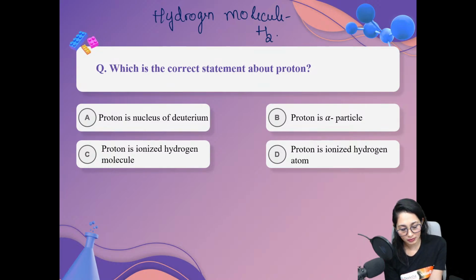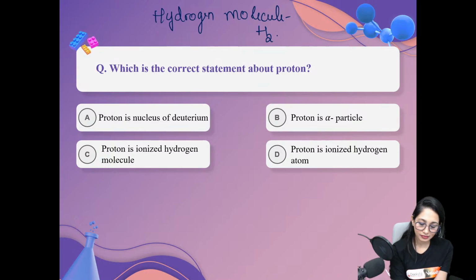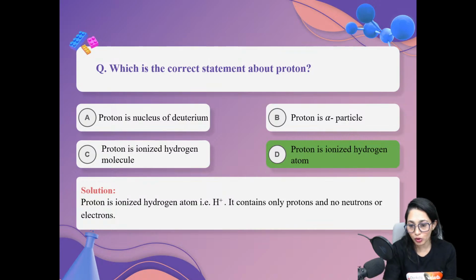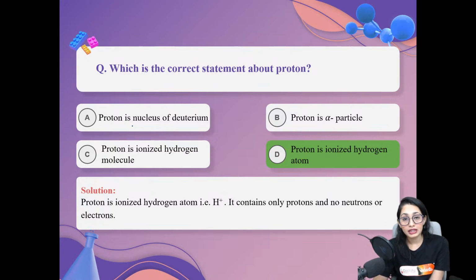Give me the answer. What is the answer? It is option D. Proton is ionized hydrogen atom. We have discussed that if we remove an electron from hydrogen, it is nothing but the proton.